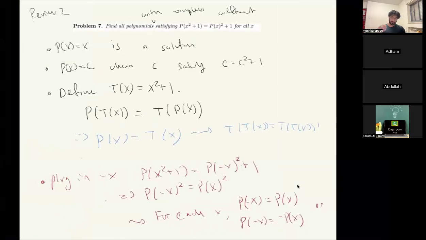But now you're saying there's a way to get around it, which is okay. So we've established that p of negative x equals p of x, or p of negative x equals negative p of x. But in this case, because we have polynomials, there's a way around it.